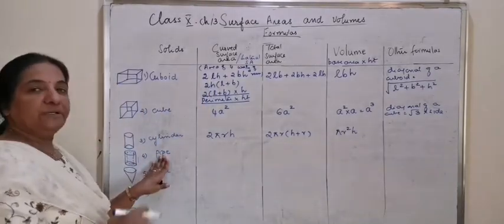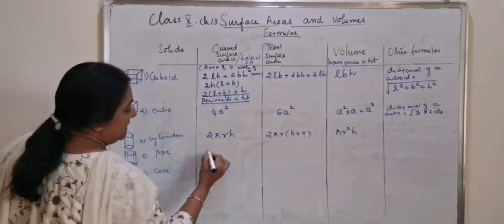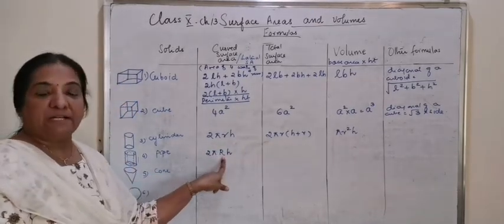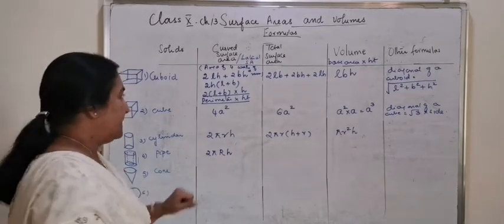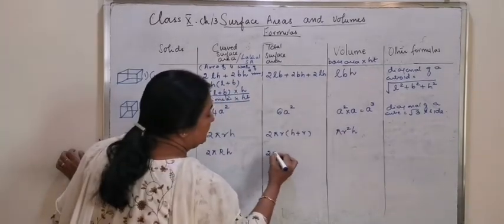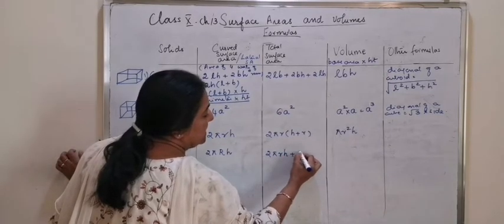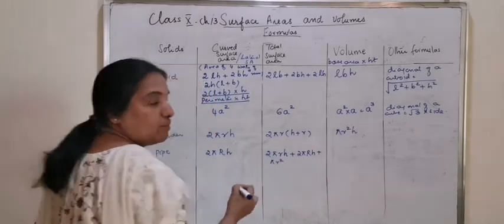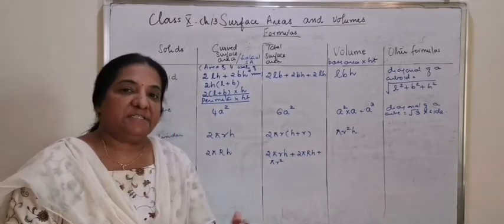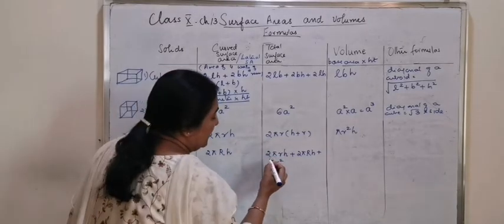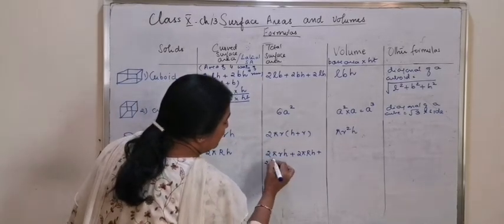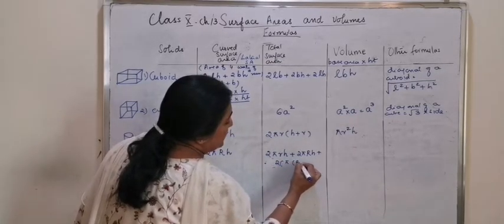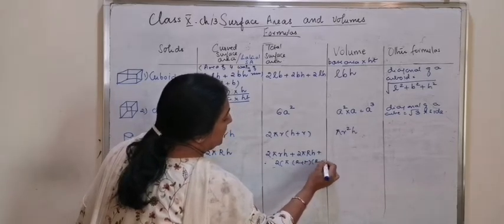So if you consider the lateral surface area, it will be 2 pi capital R H, where capital R represents the outer radius. Then total surface area will be 2 pi inner radius, 2 pi outer radius, plus there will be a ring portion on the top surface as well as the bottom, or it is 2 pi (R plus r) into (R minus r).